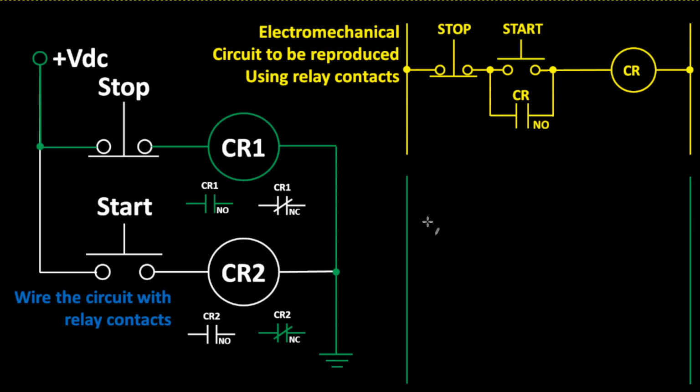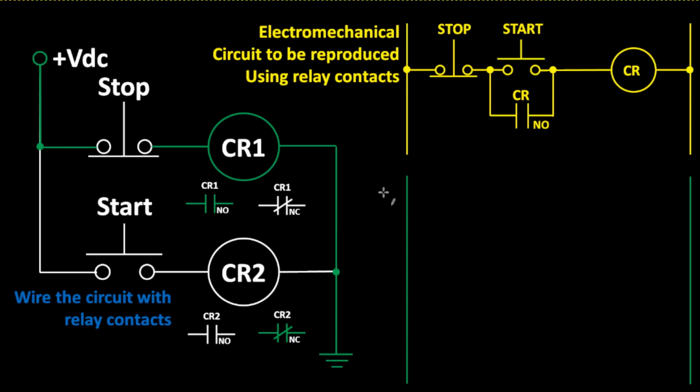So if I look at the circuit right now, the stop push button is already closed. CR1 is energized. That means that the normally open contacts are closed and the normally closed contacts are open. And I showed that with the green on the normally opens and the non-green on the normally closed.